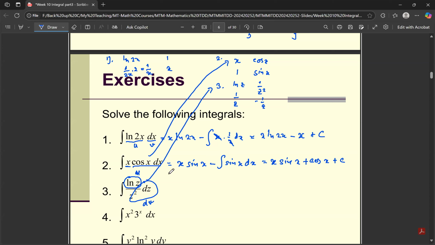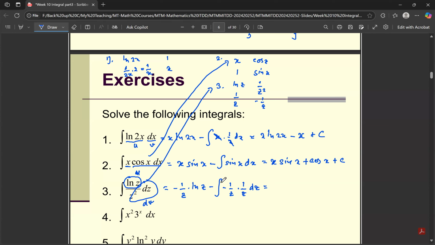So we can multiply minus 1 over Z by ln Z, and the integral of minus 1 over Z times du, which is 1 over Z dz.